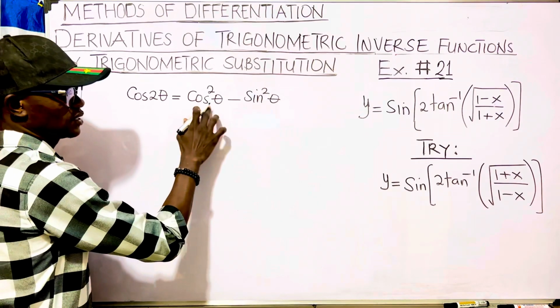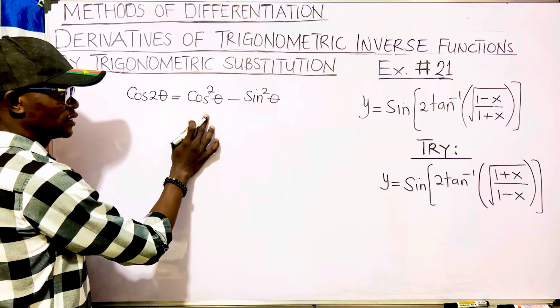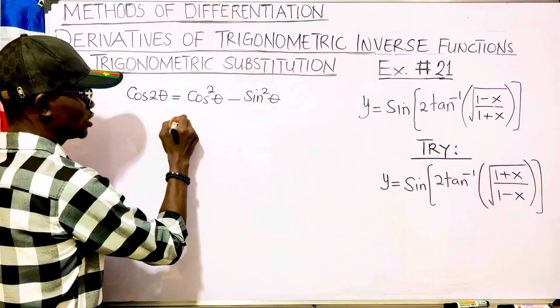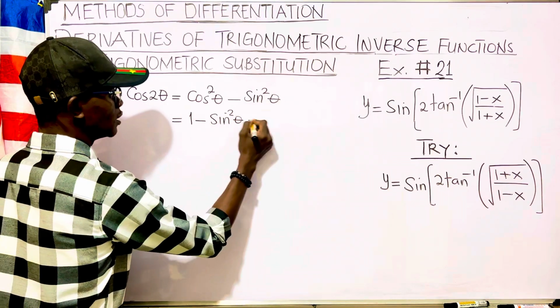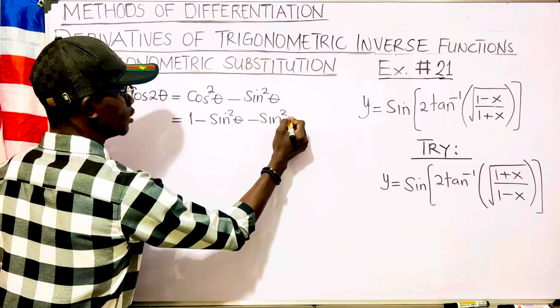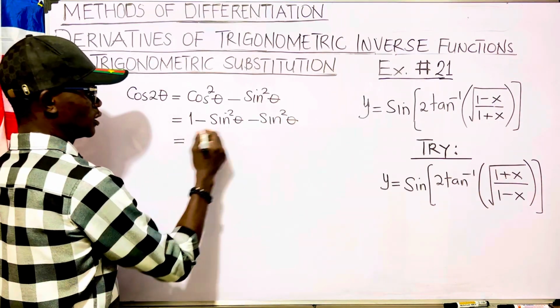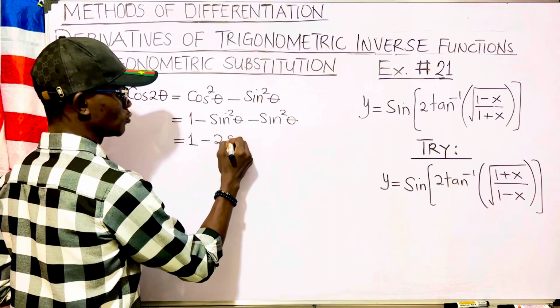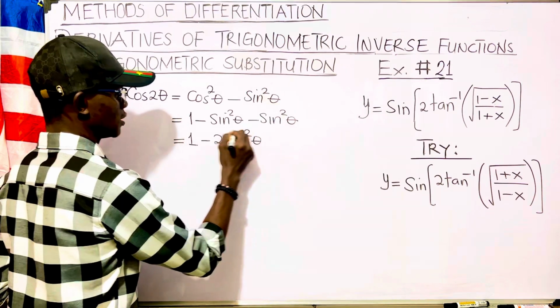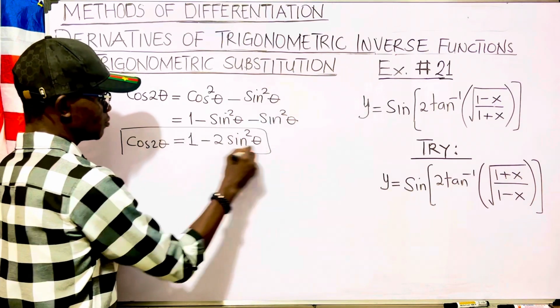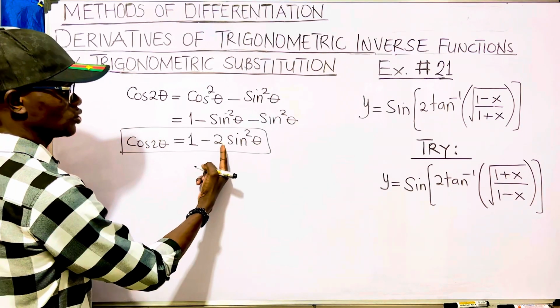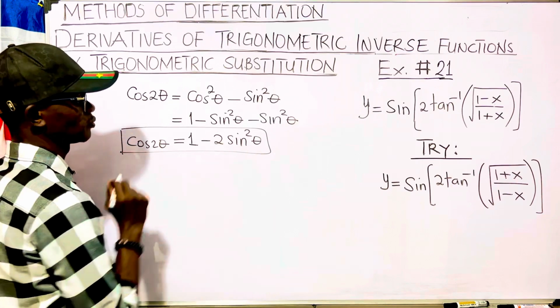Now, if we replace this cos squared with the Pythagorean identity, which is 1 minus sin squared theta, we will have 1 minus 2 sin squared theta. So it means cos of 2 theta can also be expressed as 1 minus 2 sin squared theta.